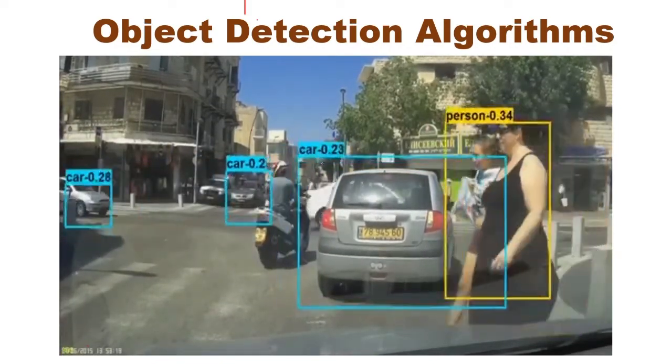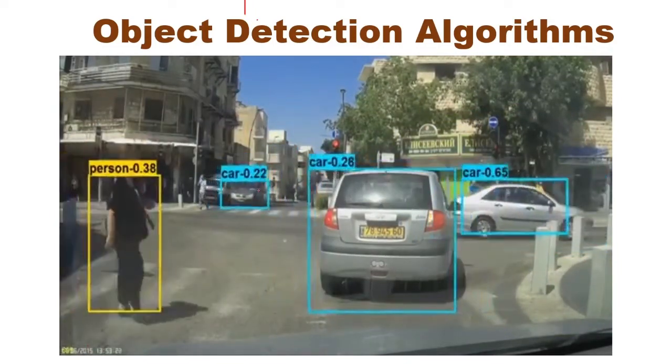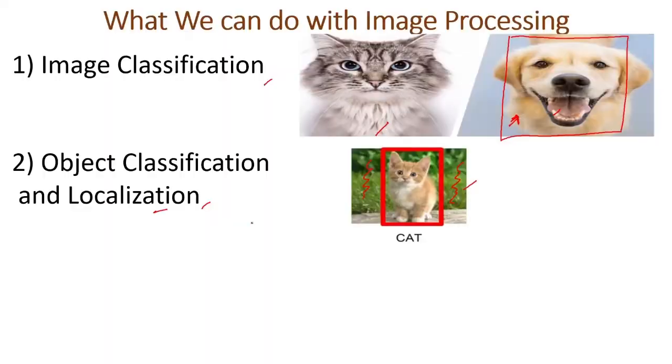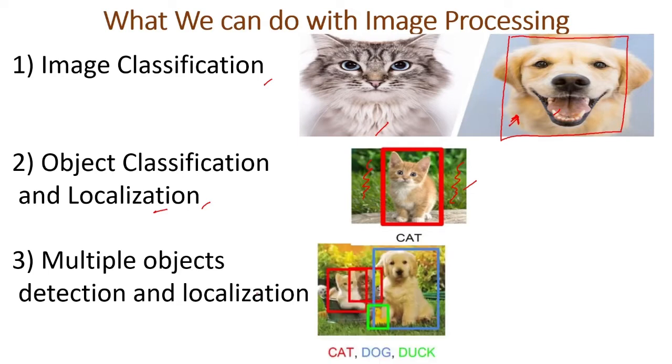So this is object detection. It is not just classification, because it is detecting every object and localizing that object. And the third thing is when we have multiple objects in a single image, we have to detect each and every object and localize in which part of the image each object is.